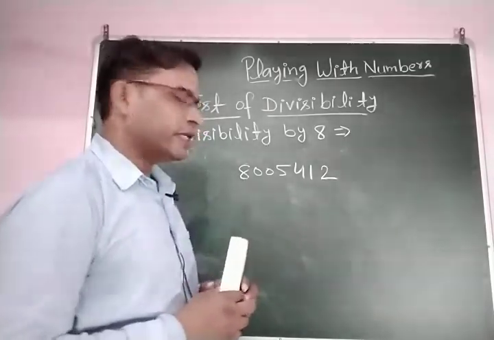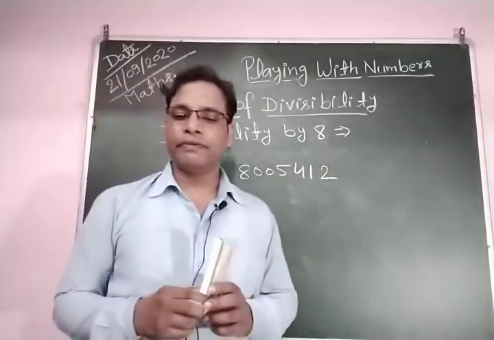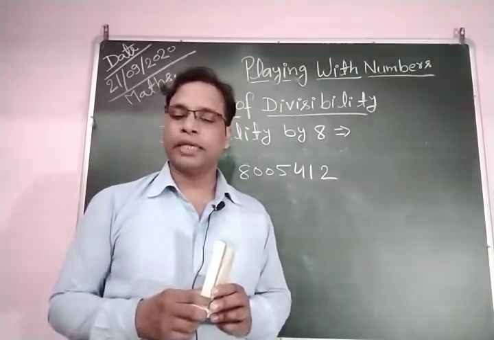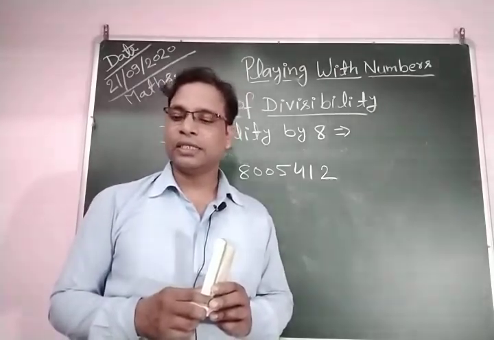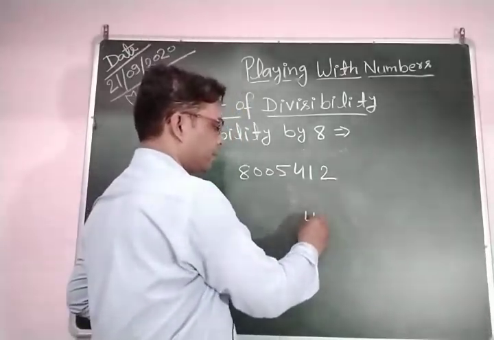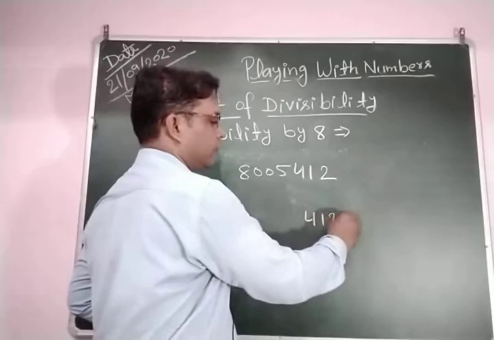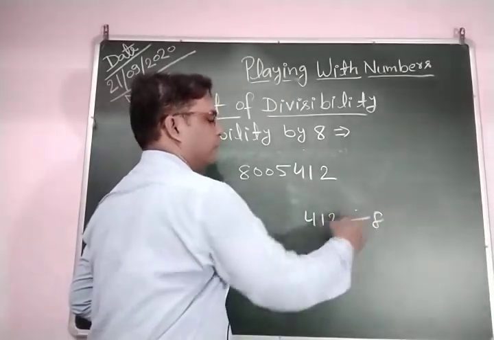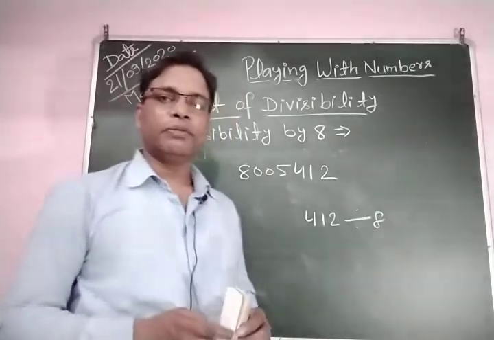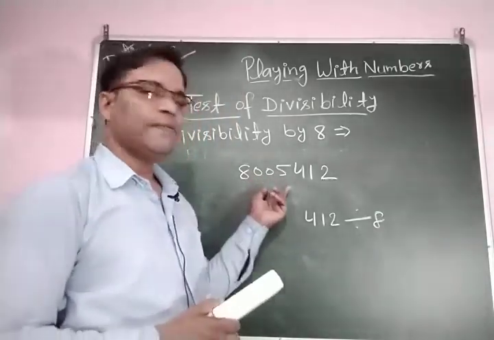You know very well, a number is divisible by 8 if the number formed by its last 3 digits is divisible by 8. The last 3 digits are 4, 1, 2, so we get 412. And you can see 412 is not divisible by 8. It means that this number is not divisible by 8.